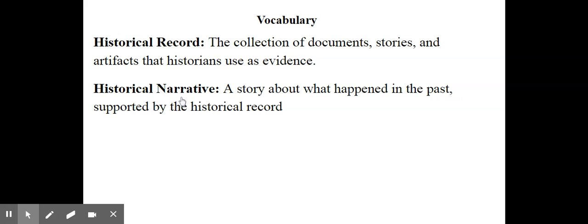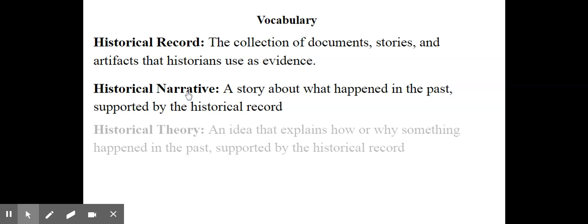What does the word narrative always mean? Yes, and for something to be a historical narrative, it needs to be supported by what? Good job. For it to be a historical narrative, it needs to be supported by the historical record.